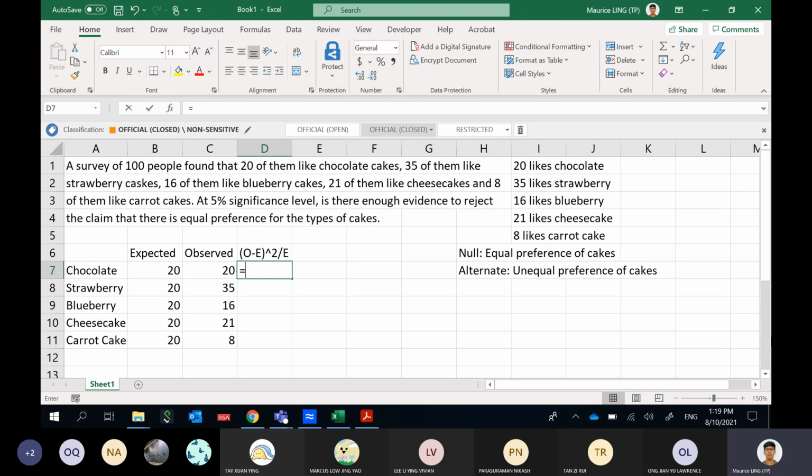Okay, so it will be observed minus expected, squared, divided by expected. Okay.